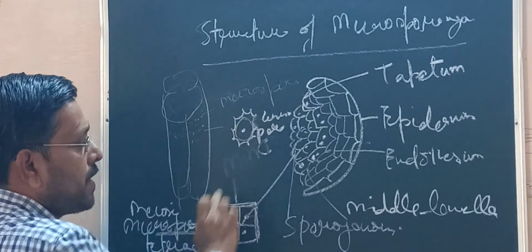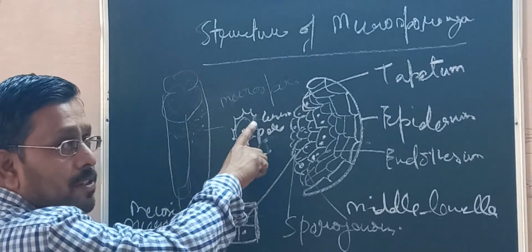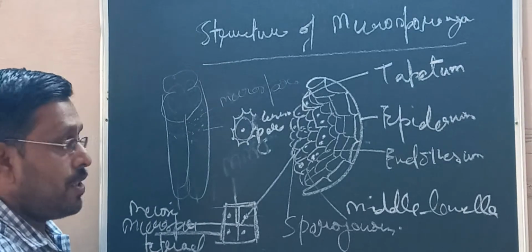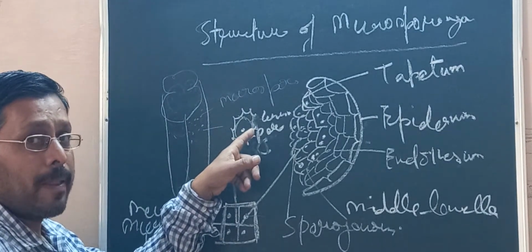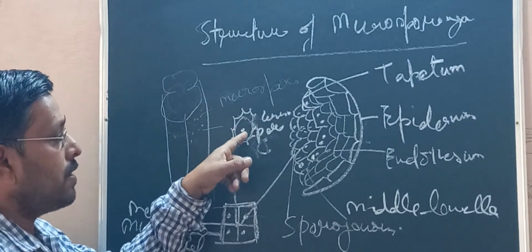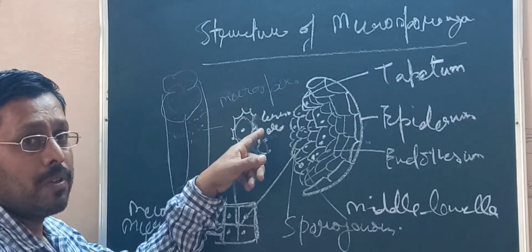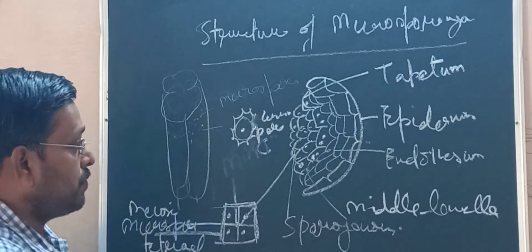Sporopollenin is absent at one place, and that place is called the germ pore. Basically this place is used to imbibe water and further to produce the pollen tube in favorable conditions.